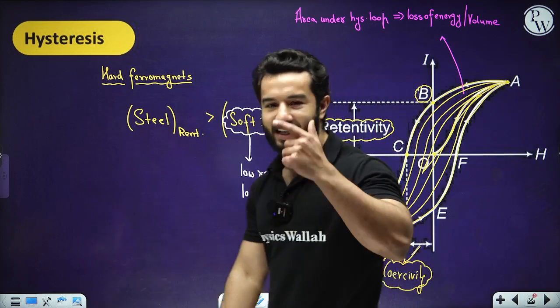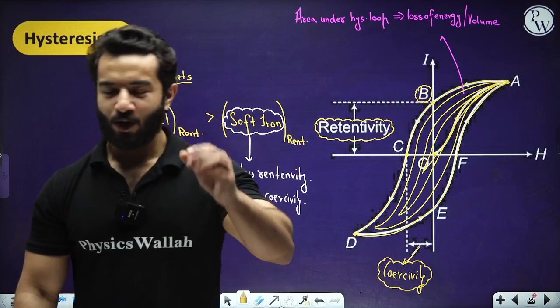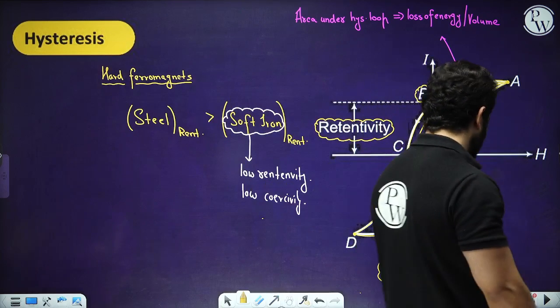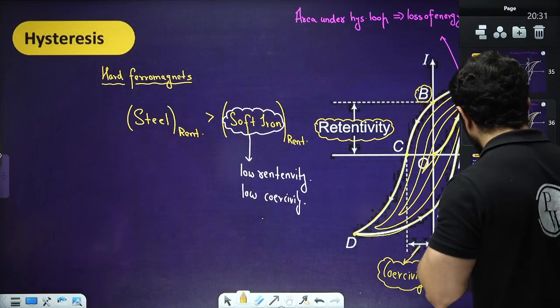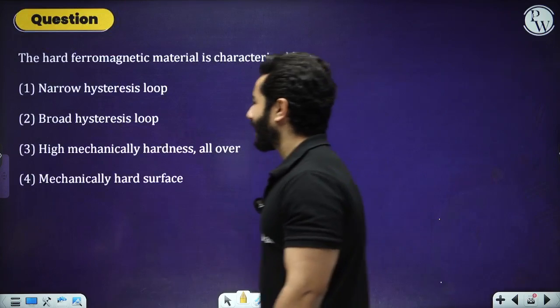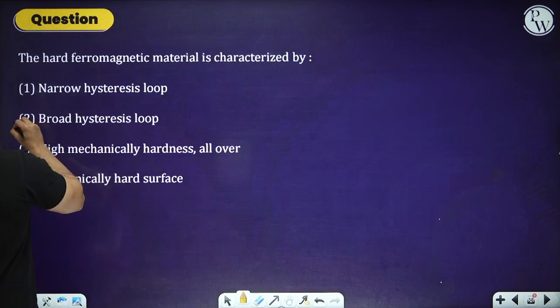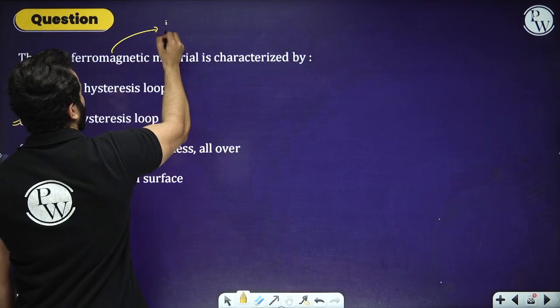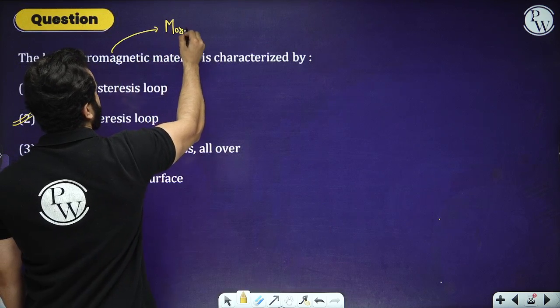You repeat the cycles again and again to completely demagnetize it. Hopefully everything is clear and you are enjoying it. So the hard ferromagnetic material is characterized by a broad hysteresis loop because it has more retentivity.